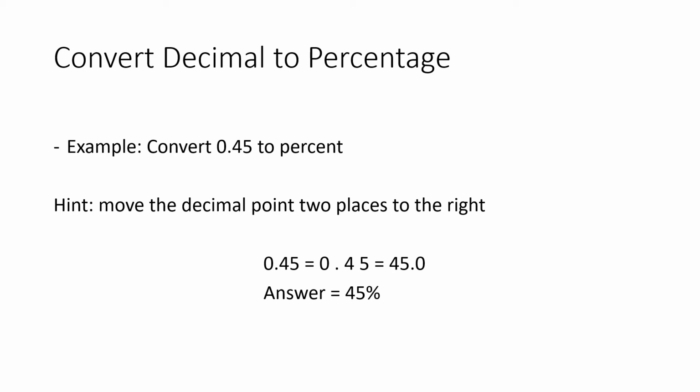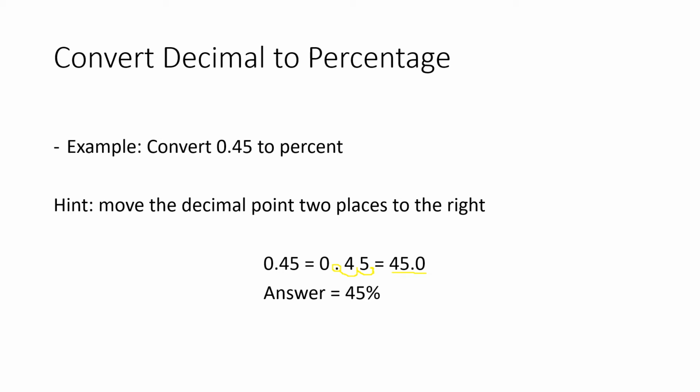to the right. As I've done here, 0.45, I've given some space here. If I move the decimal point, which is here at the moment, 2 places to the right, I go this way, that would become 4.5, and then I'll go one more, because it's 2 places. So when I do 2 places, the answer becomes 45.0.